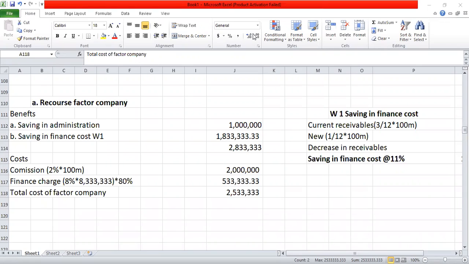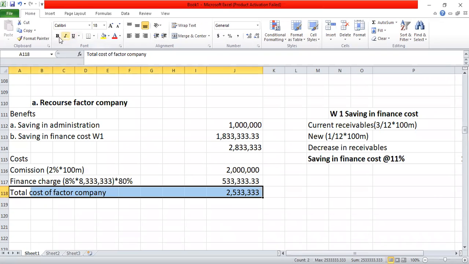You can also look at the changes in this finance cost, and then you calculate. This for me is what I consider the easiest way to do the factor company, but there is another method you can use.